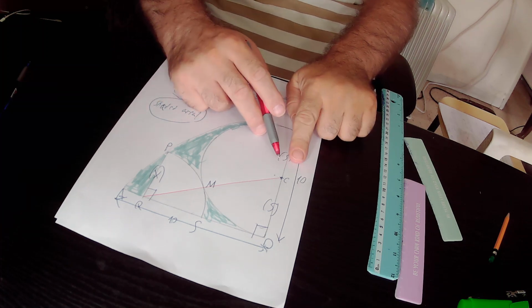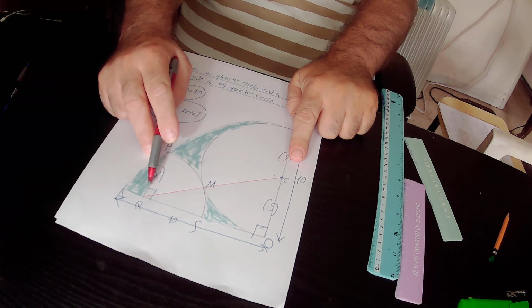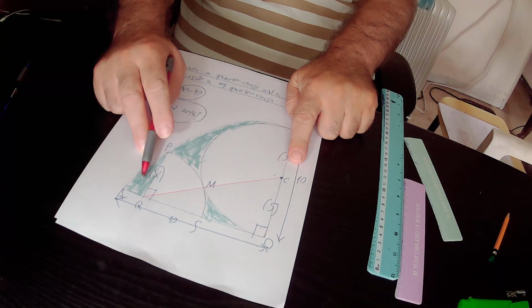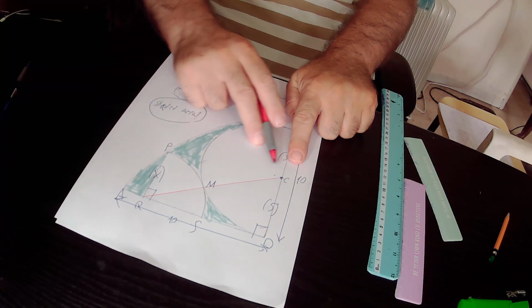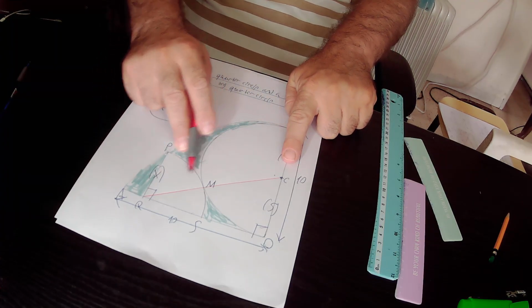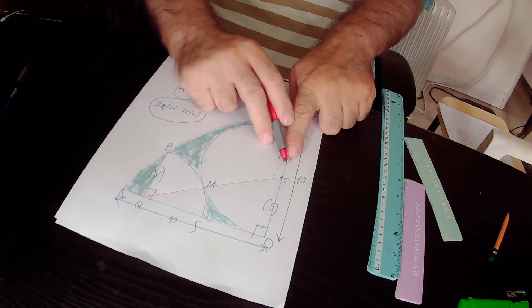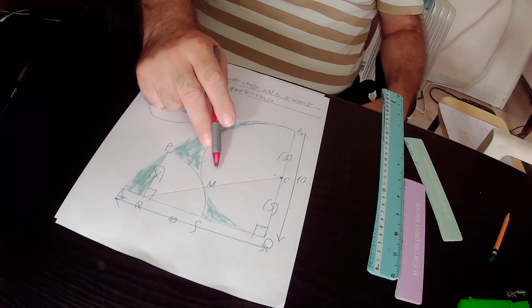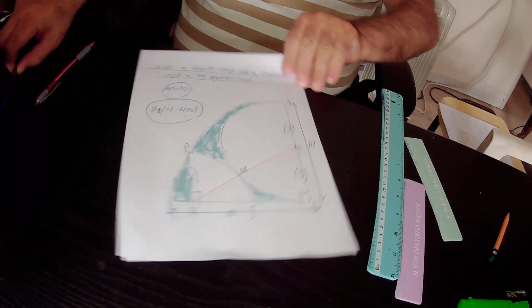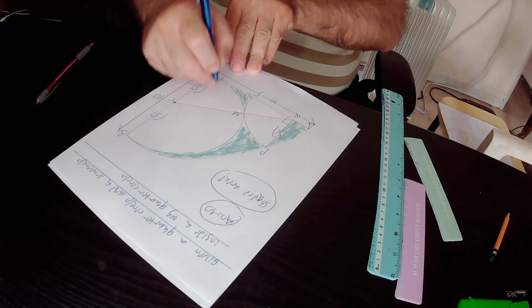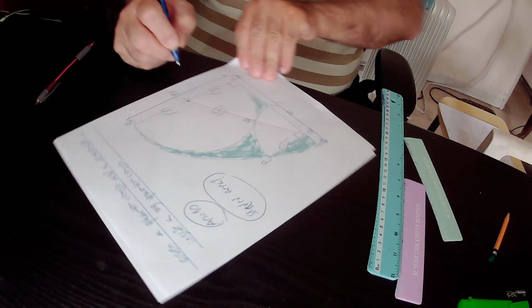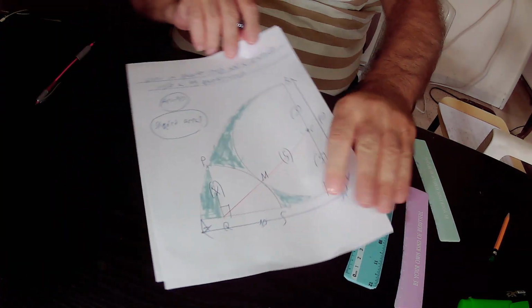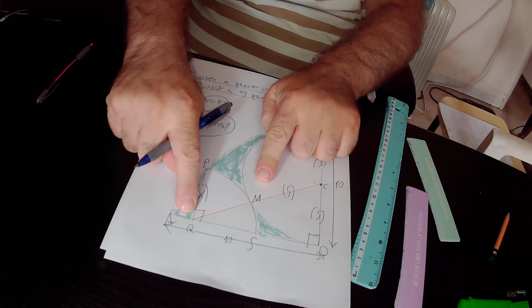Because CMQ is one straight line, it means that CQ in total must be equal to CM plus MQ. So CQ in total equals CM. CM is the radius of this semicircle, that equals 5, plus MQ.